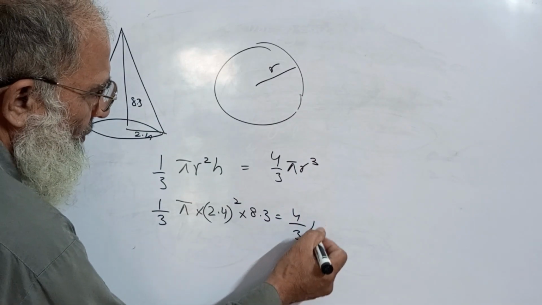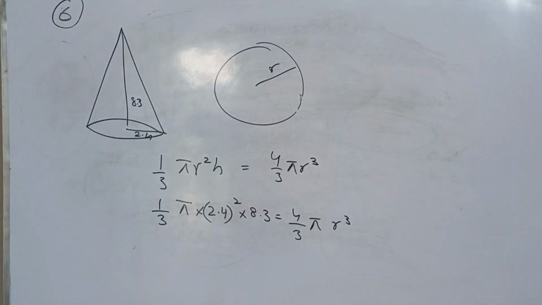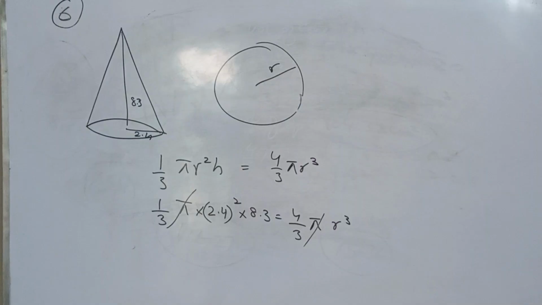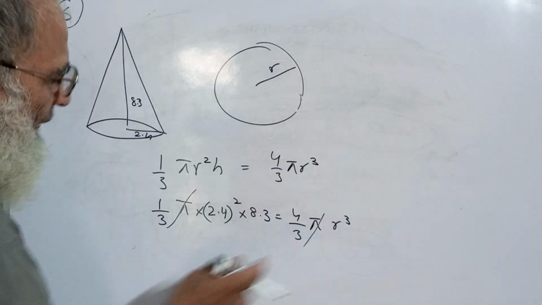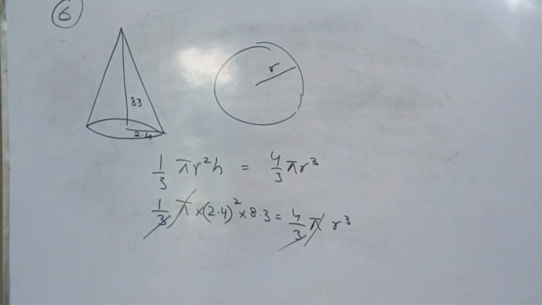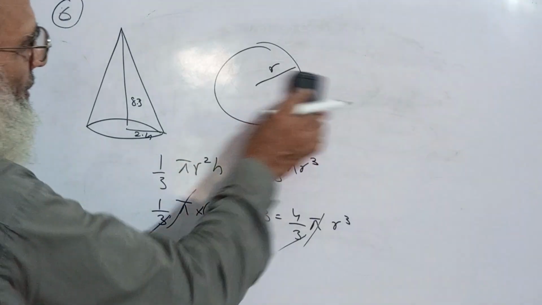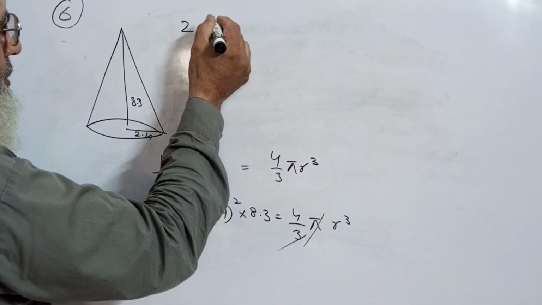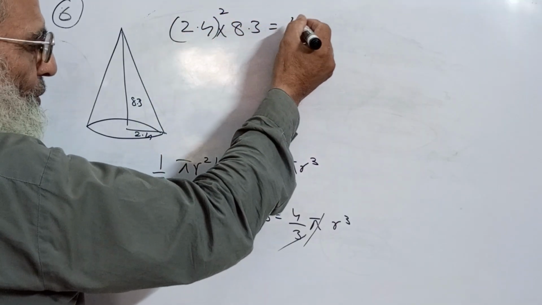Nothing is given over here, and we have to find r. Equal amount on both sides, equal effect, so we cancel. Now we are left with 2.4 the whole square multiplied by 8.3, equal to 4r cube.